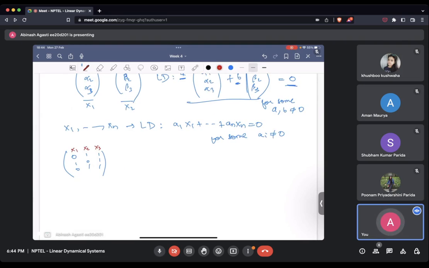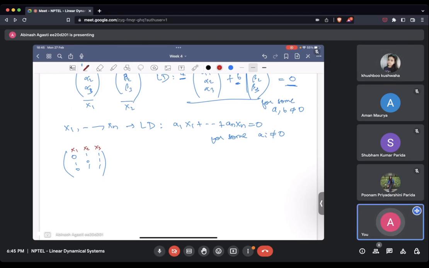Tell me whether these are linearly dependent or not. Maybe dependent?